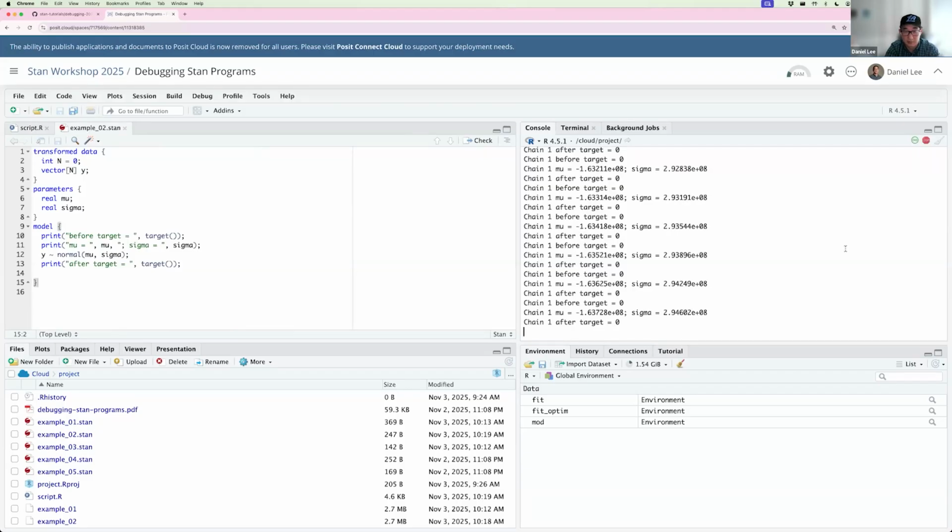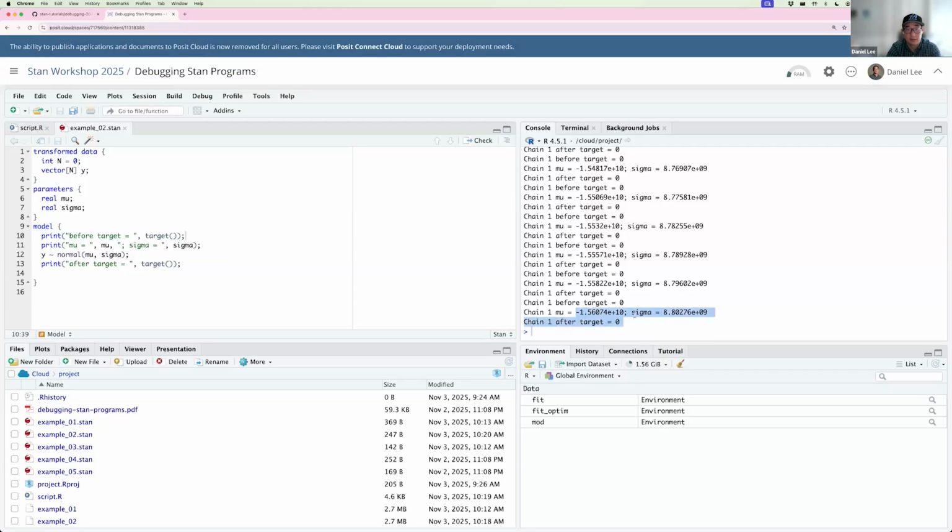All right, I'm going to stop this because we don't actually need to see what's going on. Does anyone see the problem? What's happening here? Before I start anything, my target value is 0, which is fine.